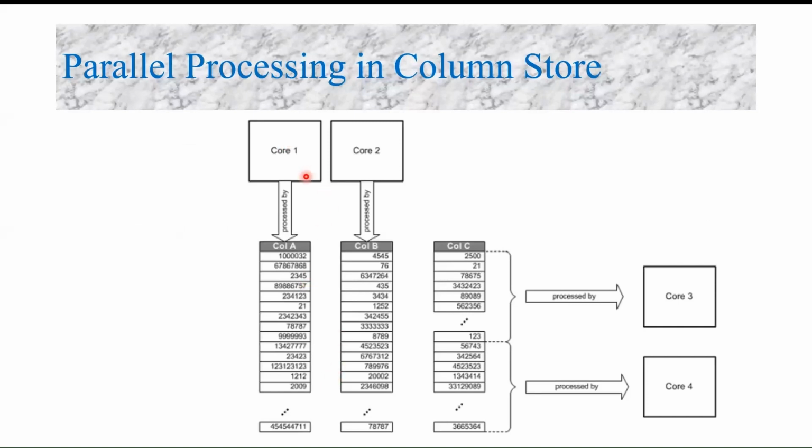If you see in this picture, each operation in each column is performed by assigning it to each processor core. And in column C, as there is huge data, to get the results faster, it is split and assigned to different processor cores. Here you are seeing the processor core, right?